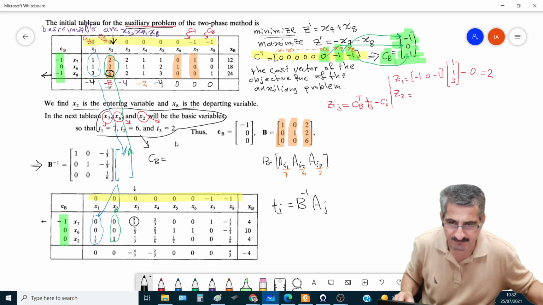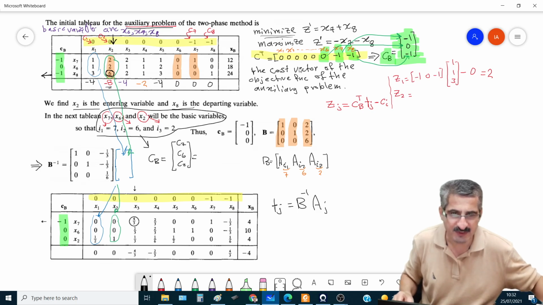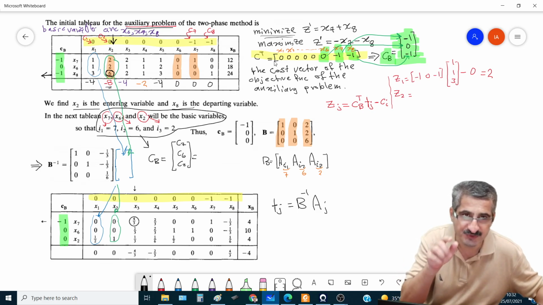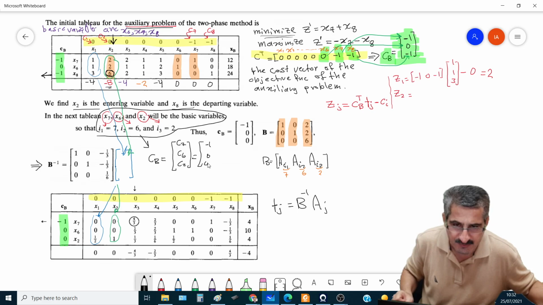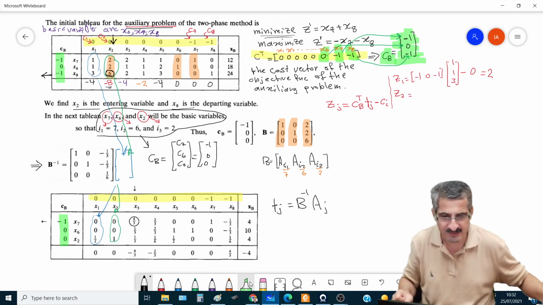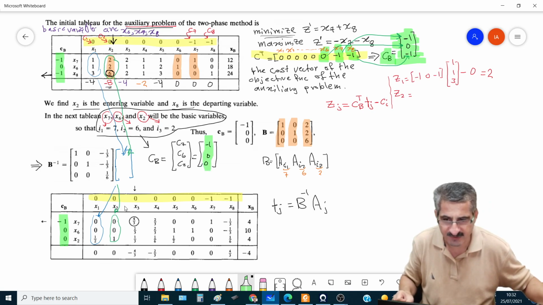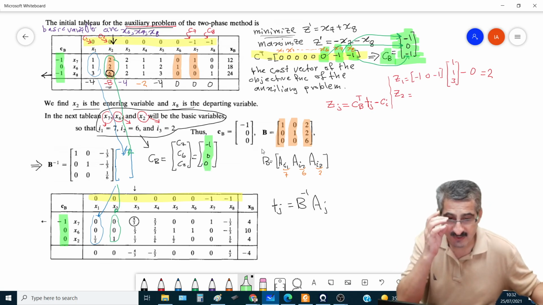CB equals C7, C6, C2, right? And we go back to the cost function we have for the auxiliary problem. So this is -1, 0, and 0. And that's why we have it here. Good? Okay.